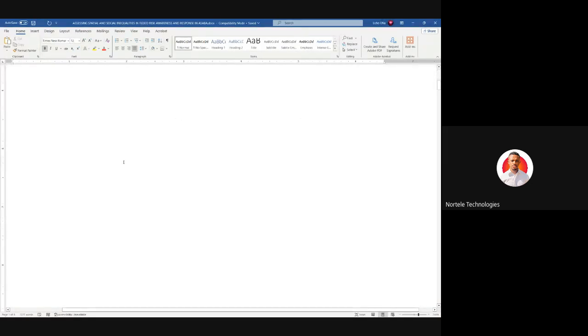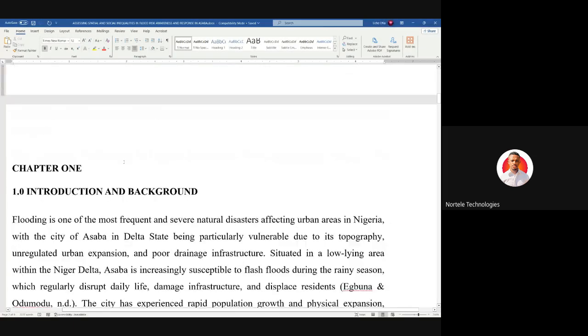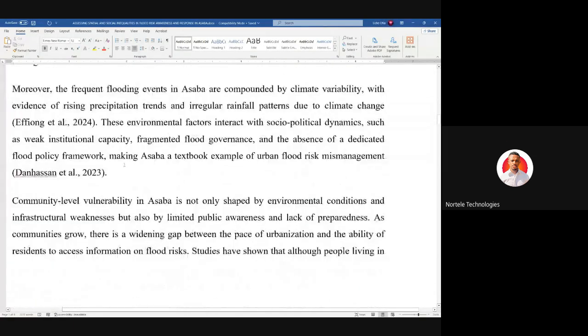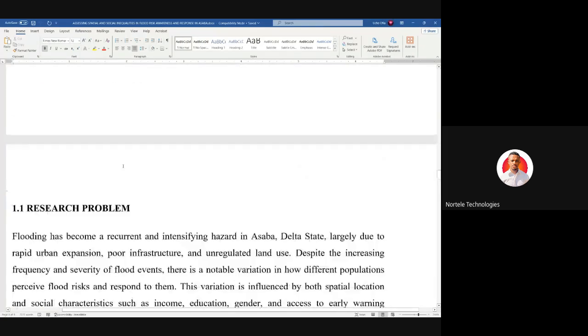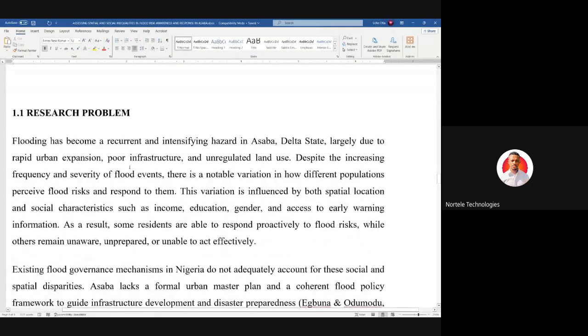All right. So most times most people know what the introduction and background of study is, but they don't know what they'll ask you. What is the problem you're trying to solve? So if you notice here, this person brought his own problem home. He talked about how flooding has become recurrent in Asaba, Delta State, due to rapid urban expansion, poor infrastructure, and also it has influenced the spatial location and social characteristics such as income.